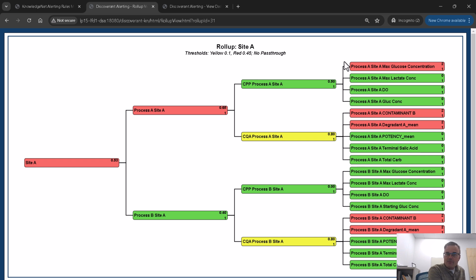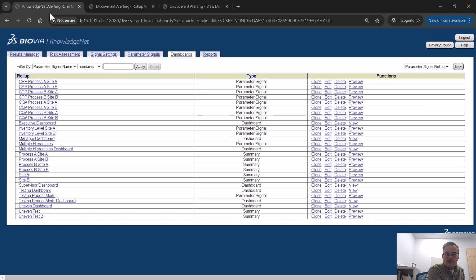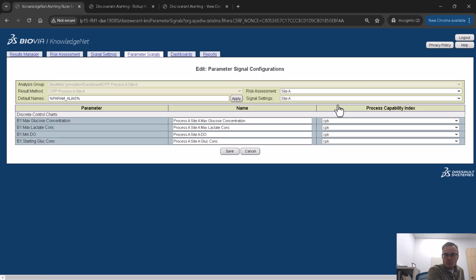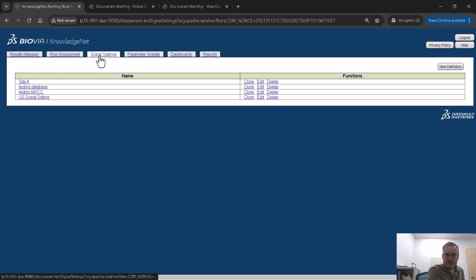At the top, one other piece maybe I'll show you then is in the signal settings, when we look at a particular signal, or sorry, not in the signal settings here, let me look at that.